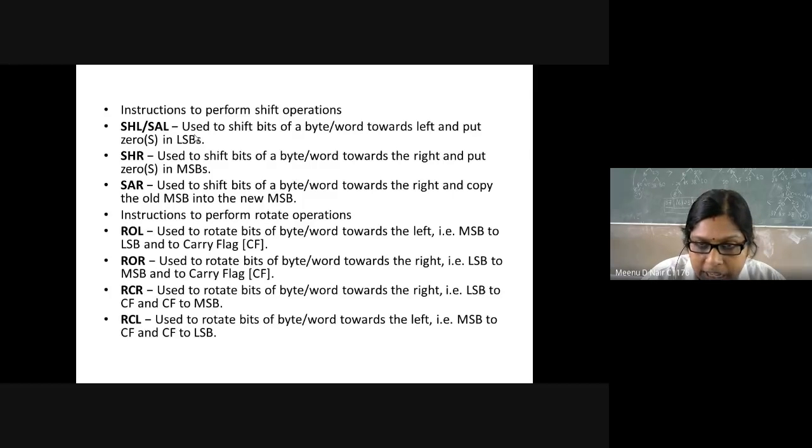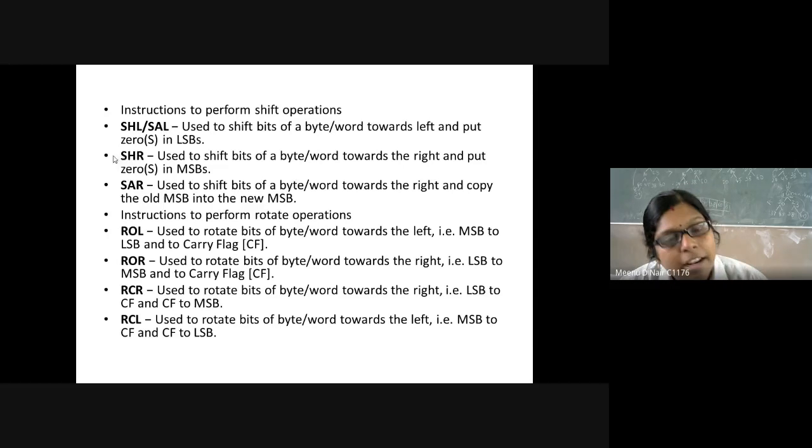D0 is moving to D1, D1 is moving to D2, D2 is moving to D3, and in a similar way D6 is moving to D7, and D7 is moving out. It is not at all coming back to the D0 bit. So what is happening in the D0 bit? D0 bit will be 0. It puts the D0 bit as 0. That is the SHL and SAL command.